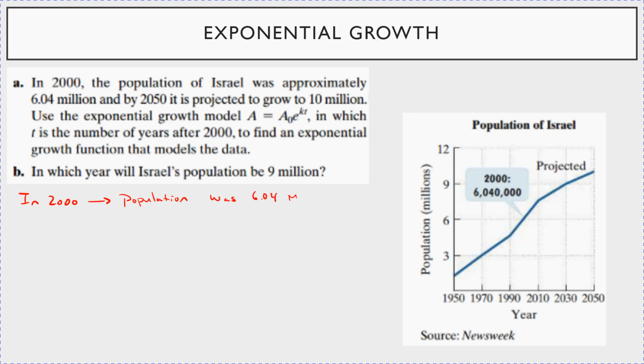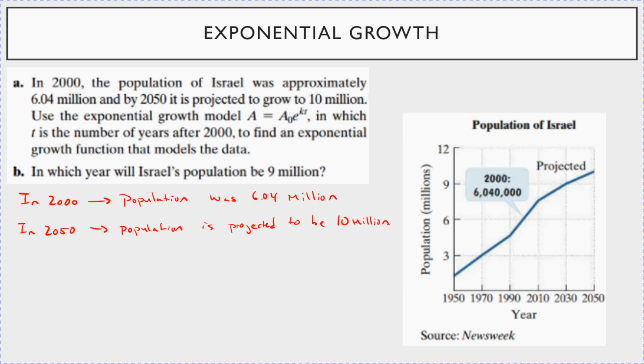By 2050, it is projected to grow to 10 million. So 50 years later, the population is projected to be 10 million people.